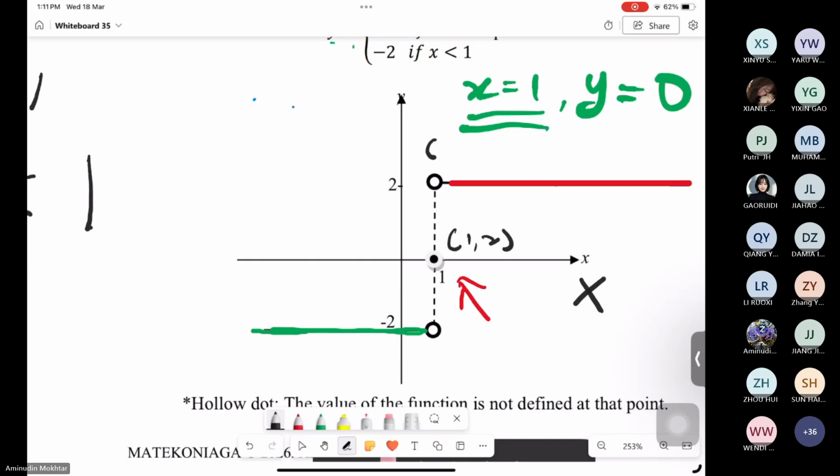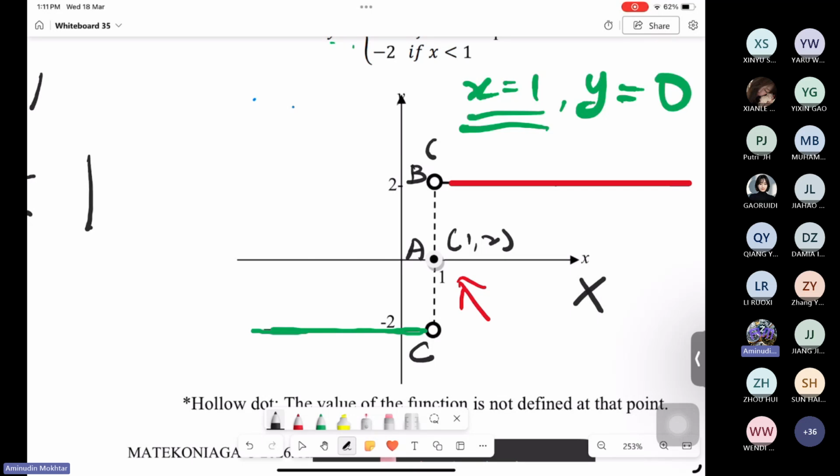But at the second point, let's take an example. There are A, B, and C. I just added these labels to make it easier to explain this concept. At point A, the value of y exists when x equals 1, y equals 2.